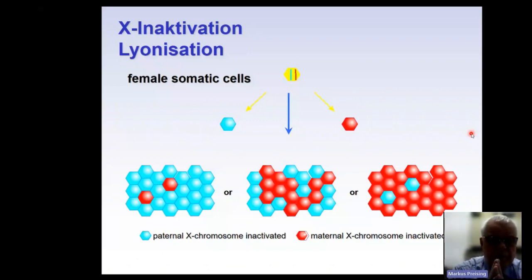That means, just by chance, in each cell at a very, very early stage of the embryonic development, one of the two X chromosomes will be silenced.